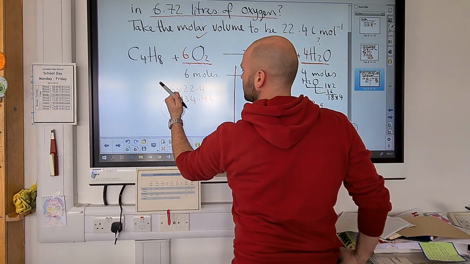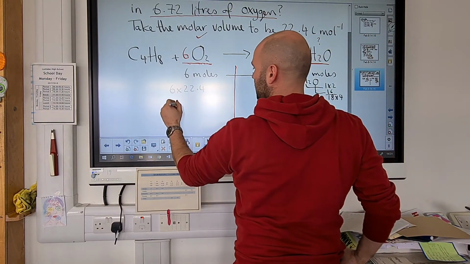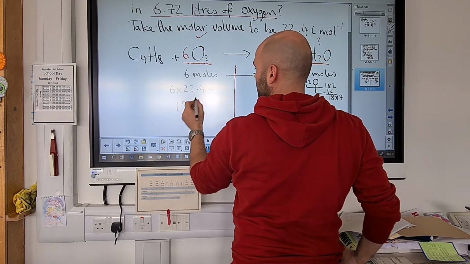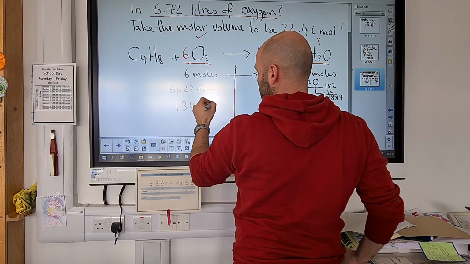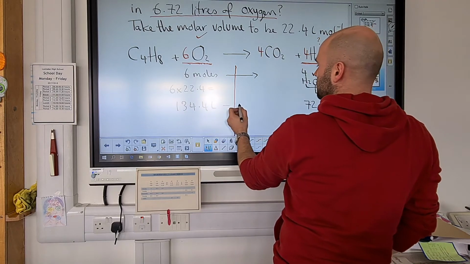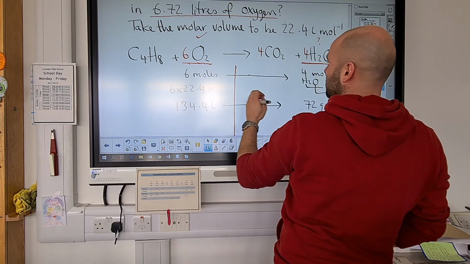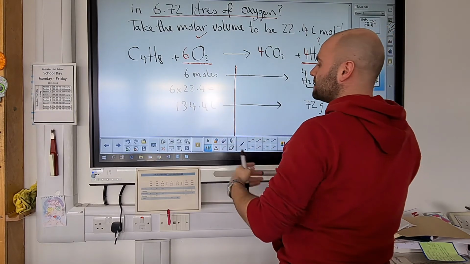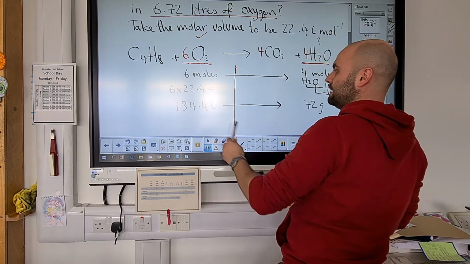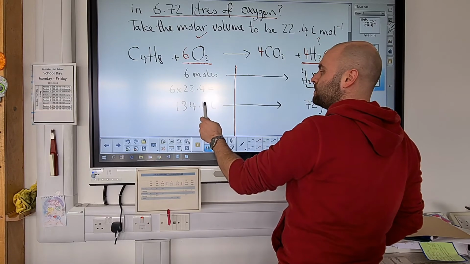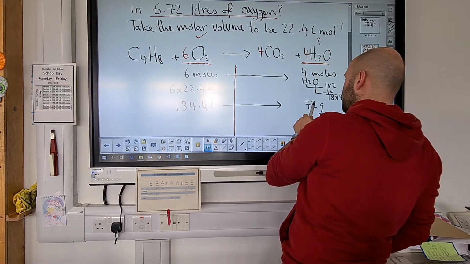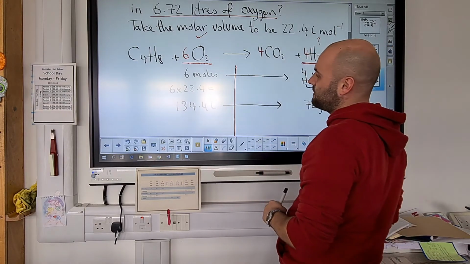So I'm just going to write this again a little bit neater. 134.4 litres. So we've now changed the mole ratios into things that we can work with a little bit easier. So 134.4 litres would give you 72 grams.